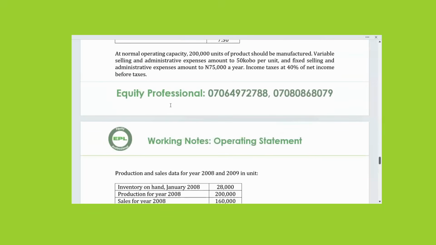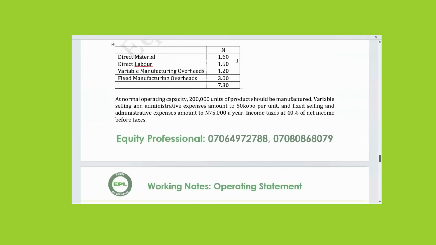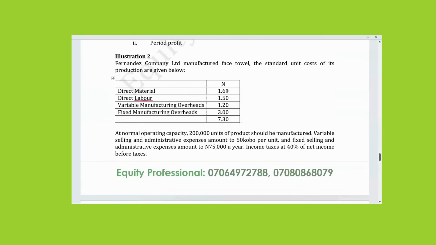How do I arrive at 4 naira 30 kobo? In the question, we are given direct material of 1 naira 60 kobo, direct labor of 1 naira 50 kobo, then variable manufacturing overhead of 1 naira 20 kobo. When you add the three together, it will give you 4.3. Okay?